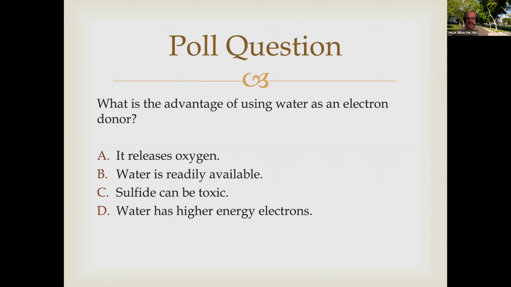So that's likely one of the motivations. Sulfide can be toxic, but the microbes have evolved the ability to deal with that. And water is less electronegative. So that's actually bad. And that's why we need the Z scheme, to make them electronegative enough to be able to reduce those NADs and FADs and things like that.